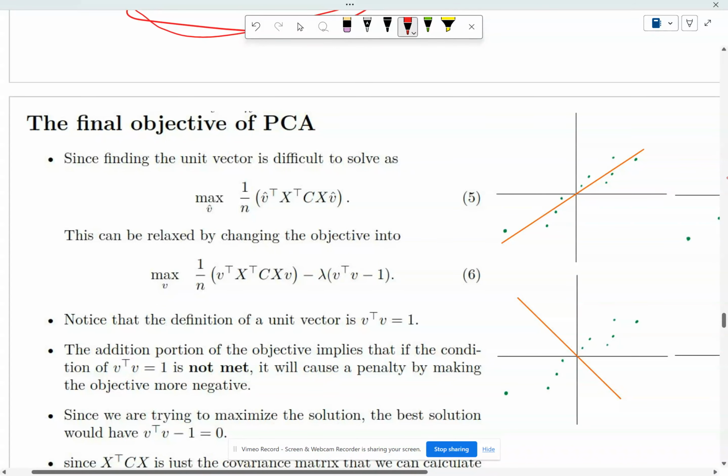So we can add a penalty such that if v is not normalized, then it's going to hurt the overall objective. So that's how PCA essentially solves the normalized version. And now they just find v, any v, with the penalty. So notice this is v hat and this is v.